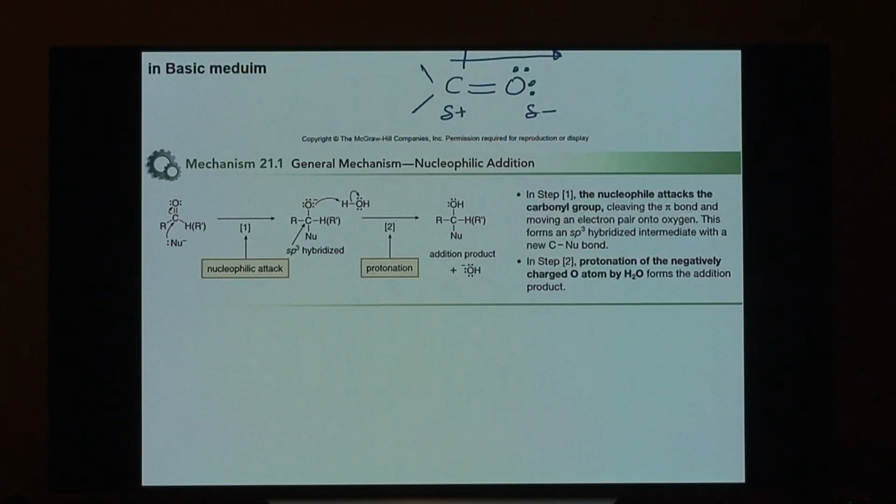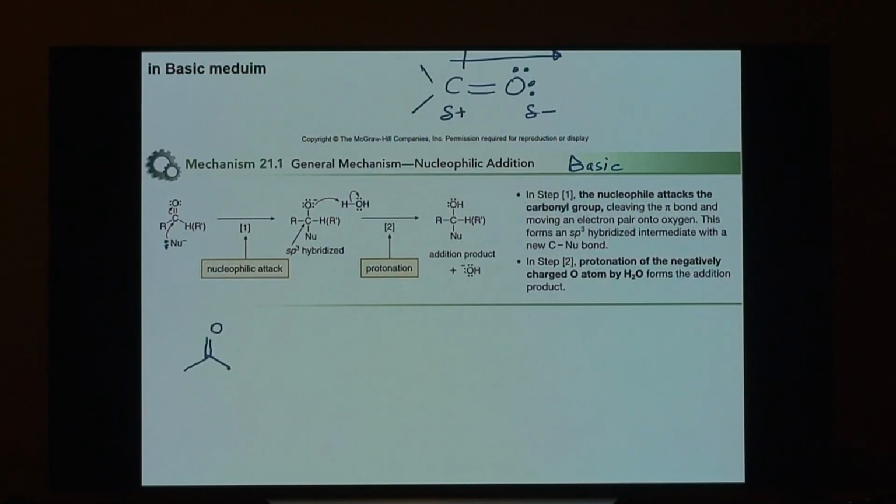So let's say, for example, if I am working in a basic medium, this means that I am using a nucleophile in there. So this is the general mechanism. I am using a nucleophile with a negative charge. Let me have an example, for example a CN minus, okay?